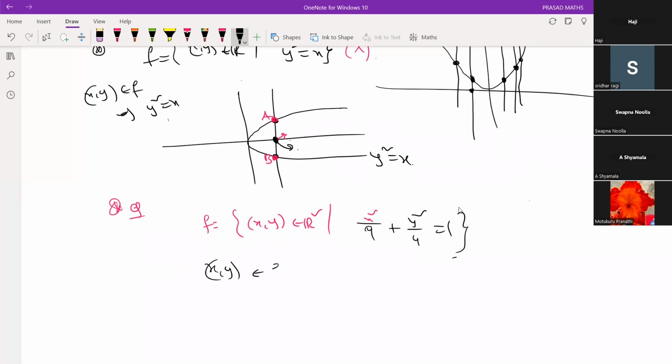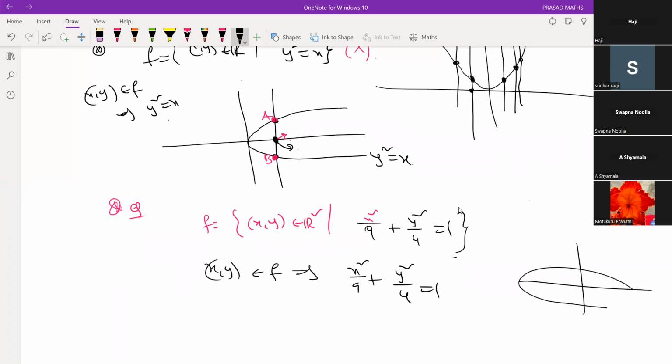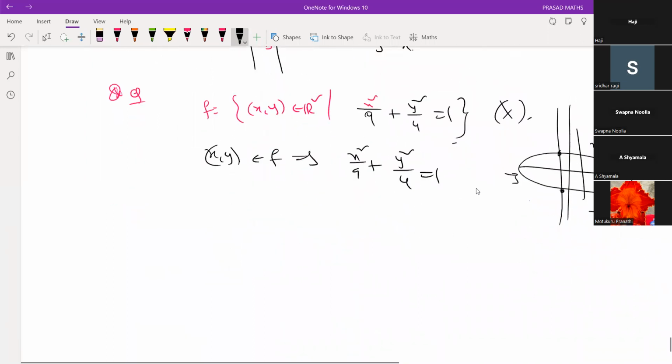Any element is a point on the ellipse. So draw any line parallel to the axis. It meets at two points. Therefore, it's not a function. Yes or no?